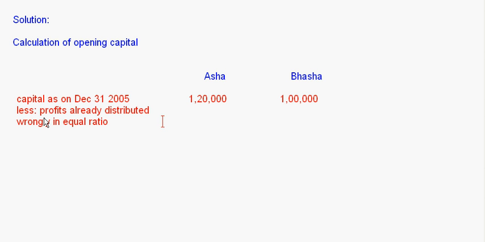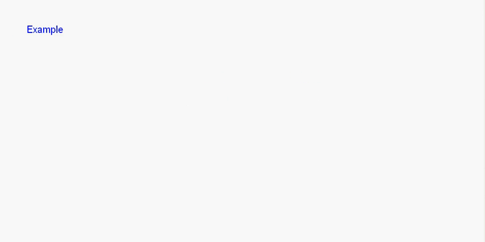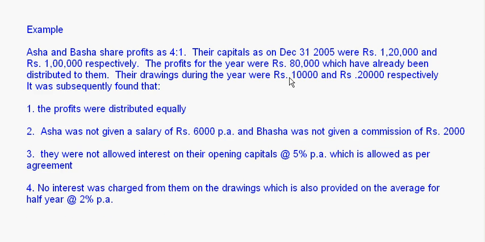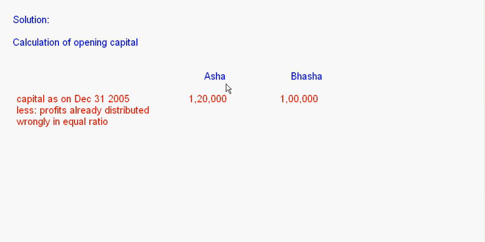The profits as per the question were 80,000 here. That profit was distributed in the equal ratio, meaning Asha got 40,000 and Basha got 40,000. So we have to deduct this amount. So this becomes 80,000 for Asha and 60,000 for Basha.